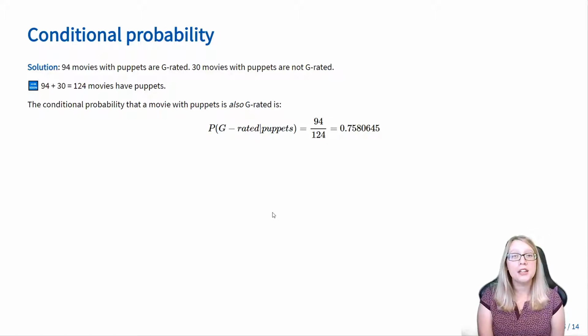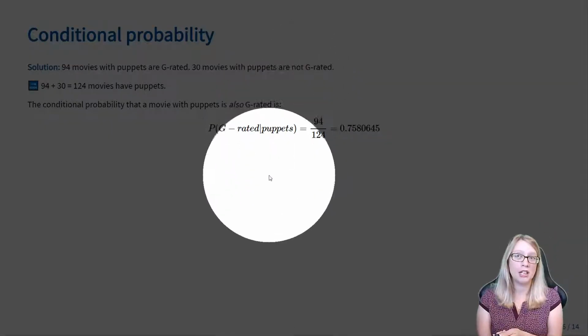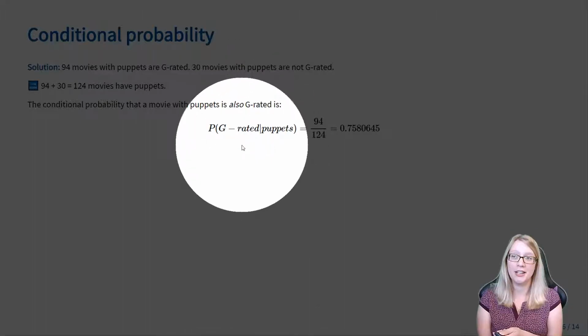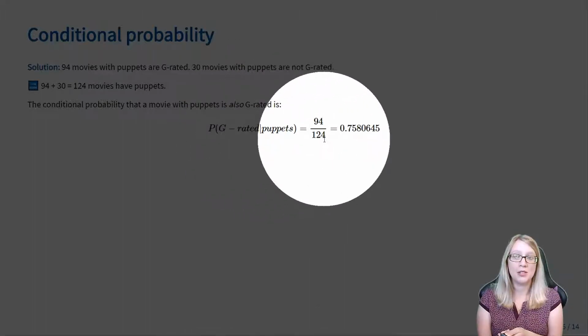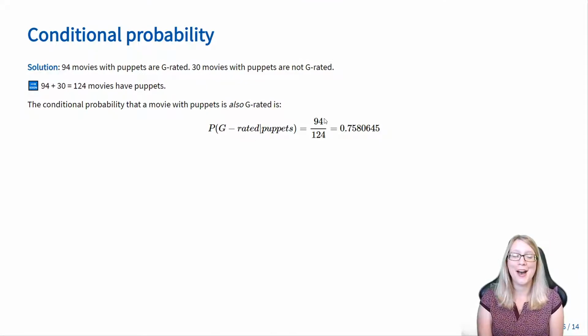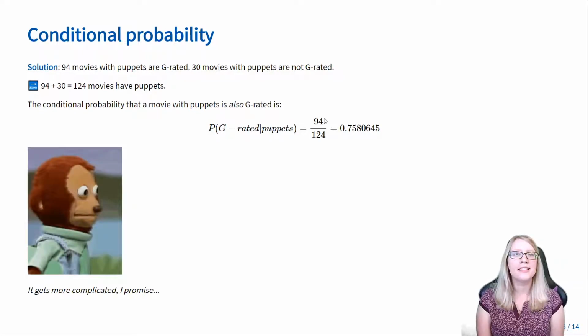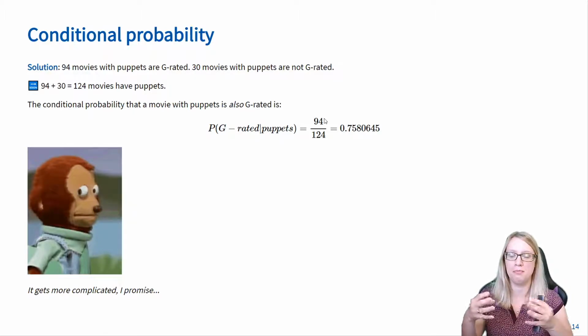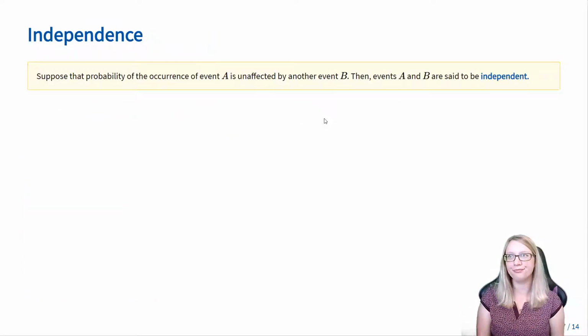So to find the conditional probability that, given a movie has puppets, it's also G-rated, we'll take the number with puppets and G-rated, 94, divided by the number with puppets, 124, and we get about a 76% chance. It does get more complex than this, however, this is a good example to illustrate how we build out a sample space with a condition.